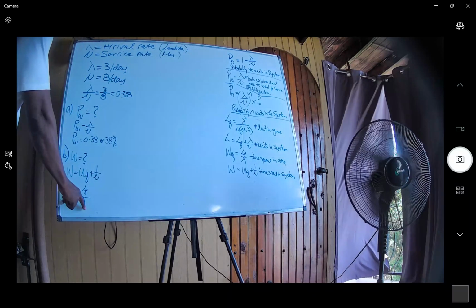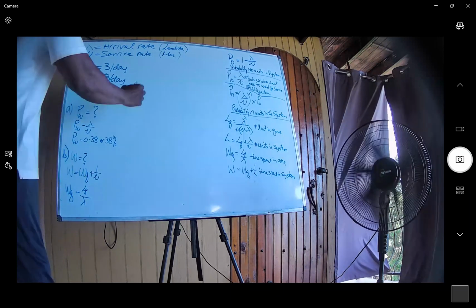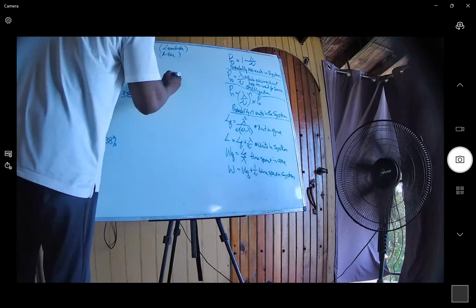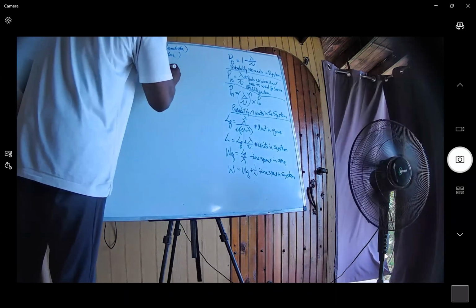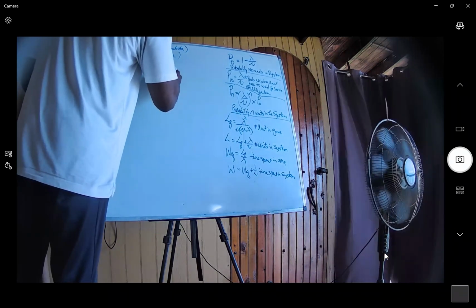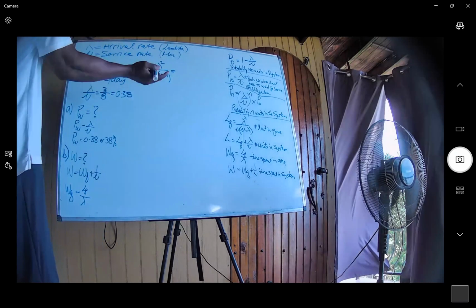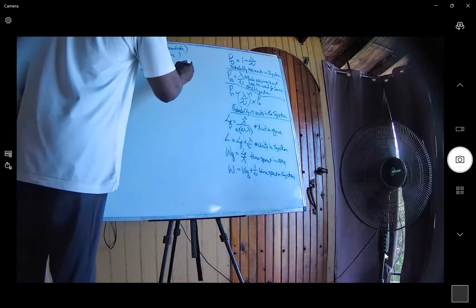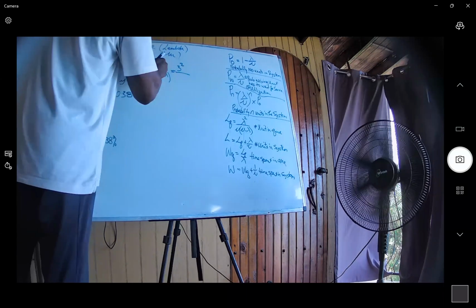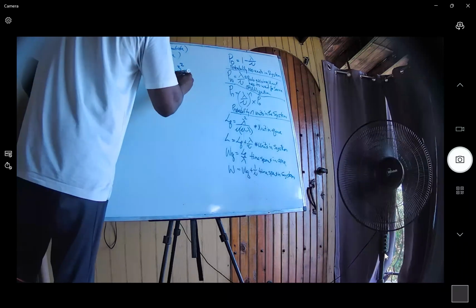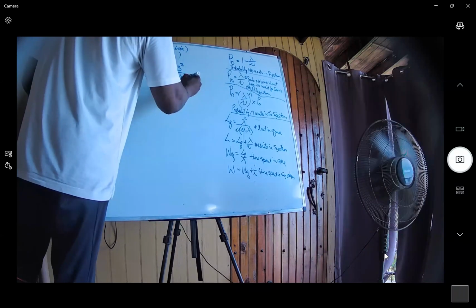I have my lambda from up here, but I don't have my LQ. So LQ now is equal to lambda squared over mu minus lambda. I can get going with my numbers now, because these are all lambda and mu, so I can do some calculations. There's going to be 3 squared, because lambda is 3. Mu is going to be 8, bracket 8 minus 3.